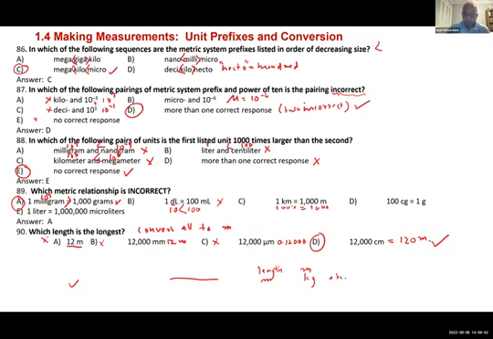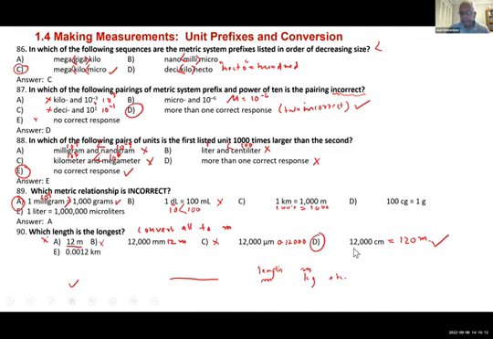Which length is longer? How do you find out? You convert all of them to meters, 12 meters. 12,000 millimeters divided by 1,000 is 12 meters. 12,000 micrometers converted to millimeters is 0.1200. That's very small.